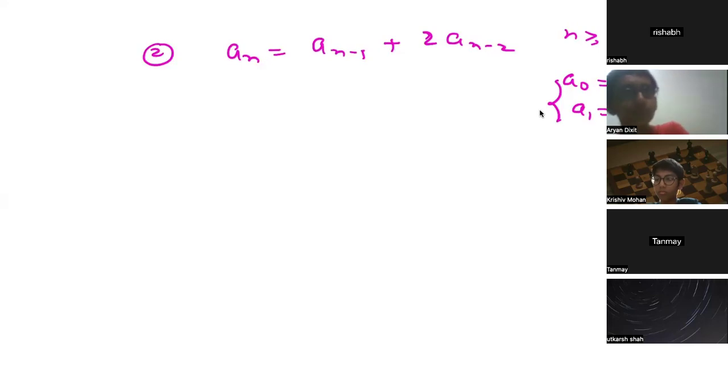Take common x to the power n minus 2, then solve this, then alpha, beta, and so on. Like if I give you what is the value of A10, the numerical value, you have to find A10. Try this. You have 3 minutes, everyone. Take your time.